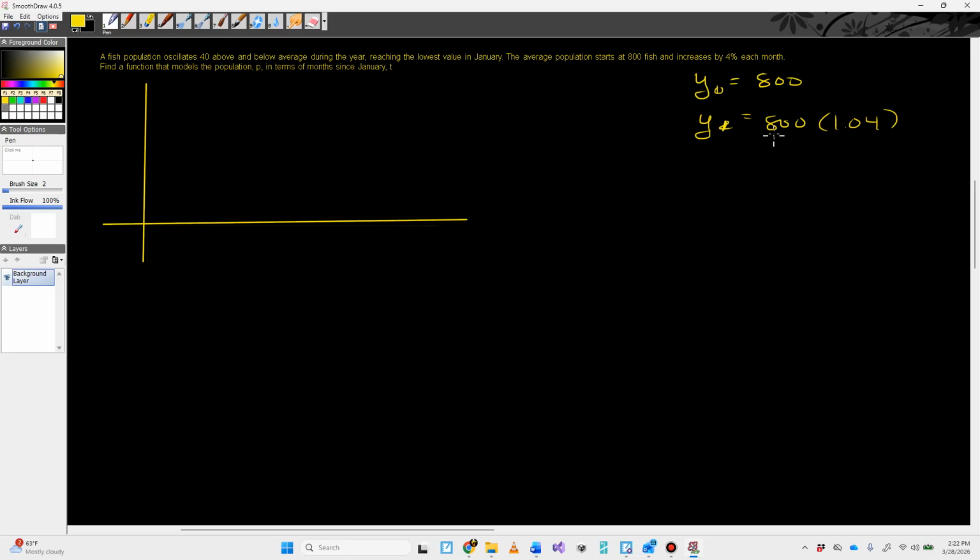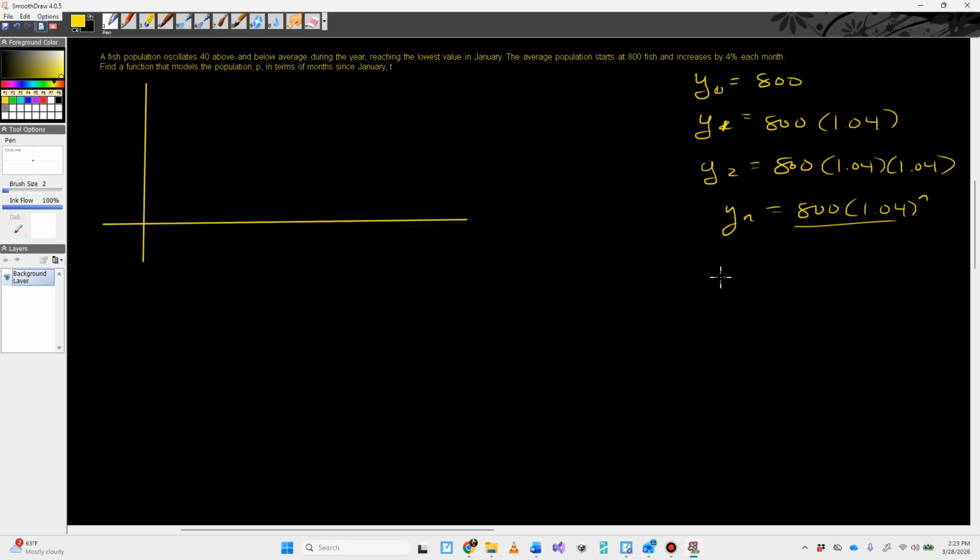Whatever, multiply this by 0.04 and add 800 to it. At year two, I'm going to have 800 times 1.04 times 1.04, whatever I had here, multiply that again by 1.04. So at year n, I'm going to have 800 times 1.04 raised to the n.